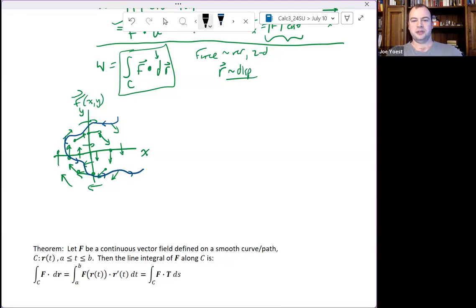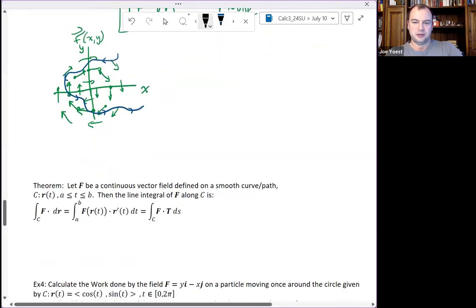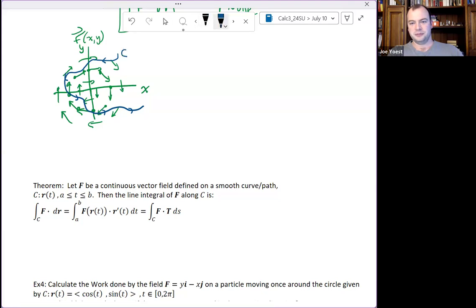Okay, so our theorem down here: let big F, a vector field, be a continuous vector field defined on a smooth curve or path. So like maybe this green vector field up here that's defined along this blue curve that we're interested in, this blue curve C. C is r of t, t going between a and b.